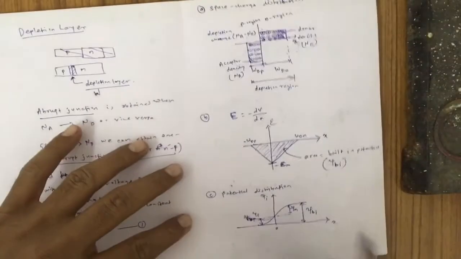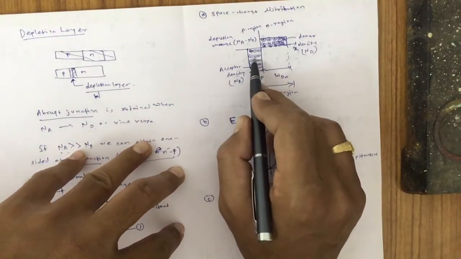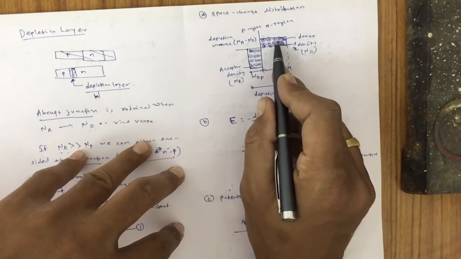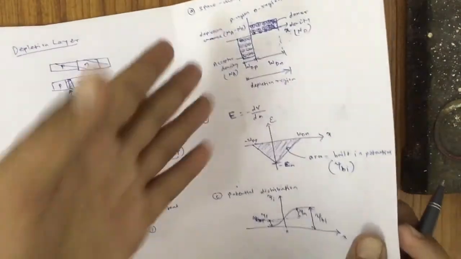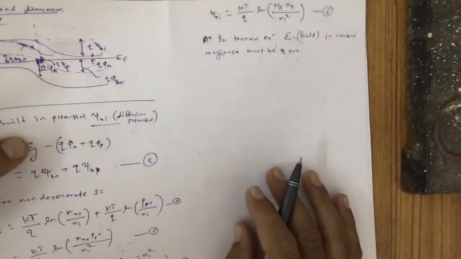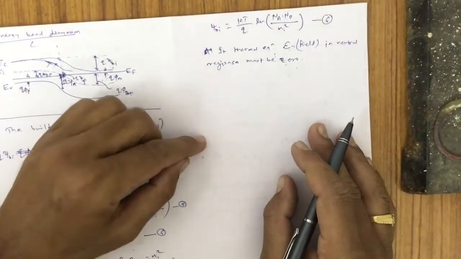Yes, this is something like here. The total number of negative charges on the p region must be equal to the total number of positive charges on the n region, per unit area. That gives us the total neutrality condition.